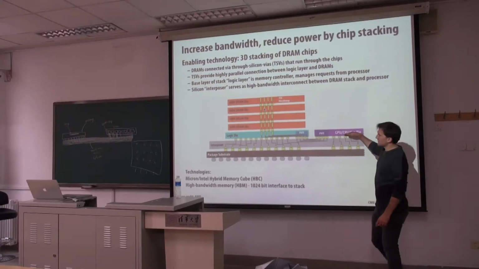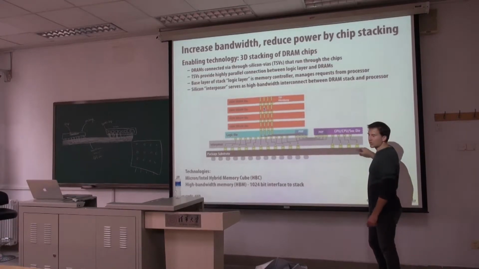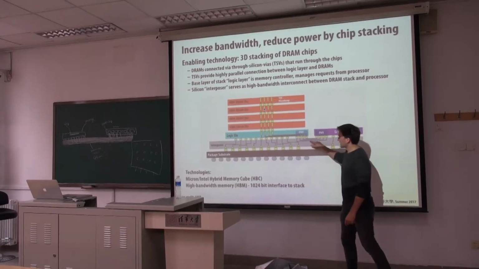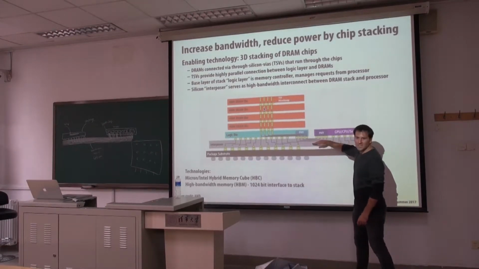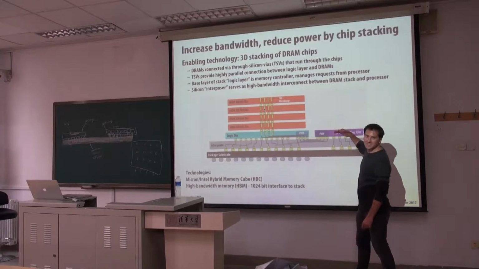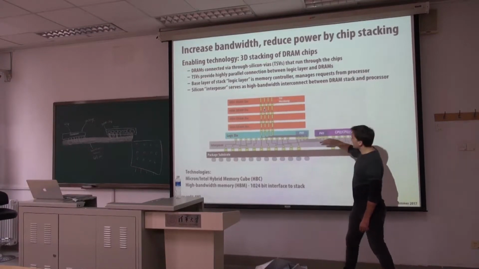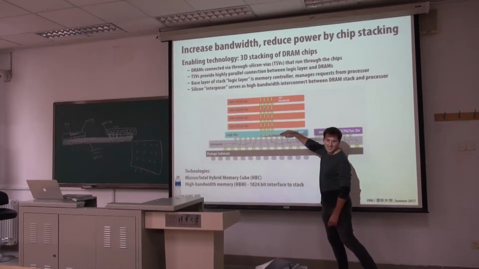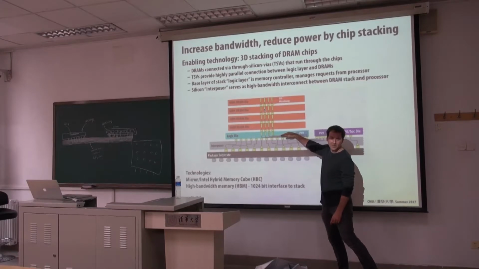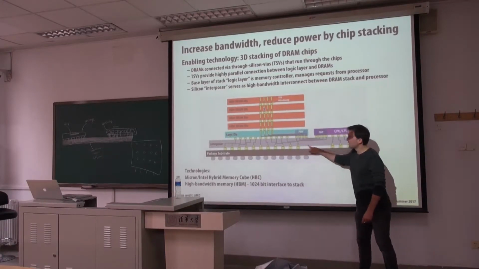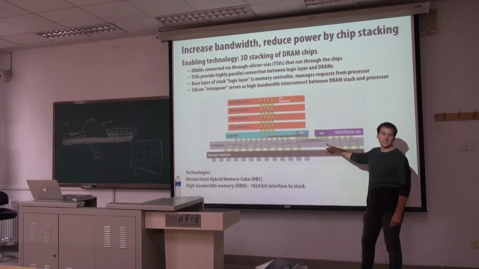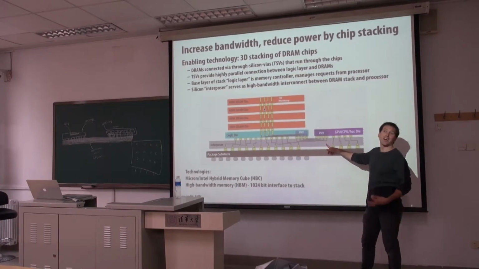So the memory bus now isn't wires over the board. The memory bus is actually just a chip. So there's one chip, and I stack the processor on top of it. And then I stack the memory over here on top of the same chip as well. So this chip is just serving to be the memory bus. And I can run a lot of wires through a chip.